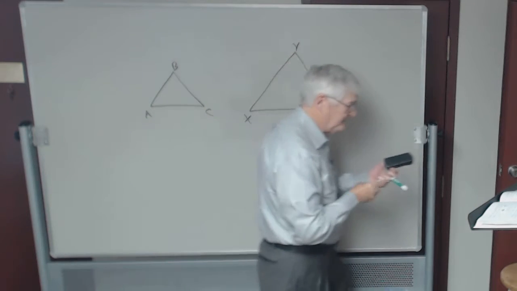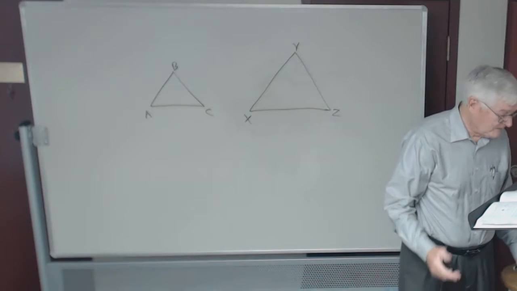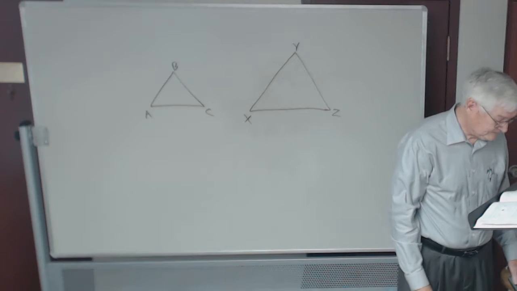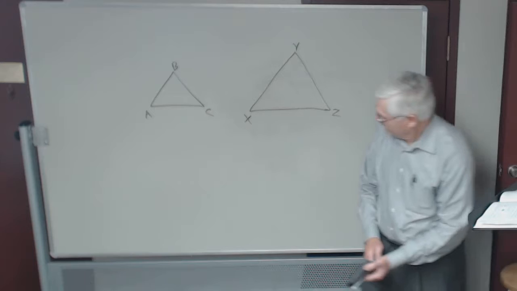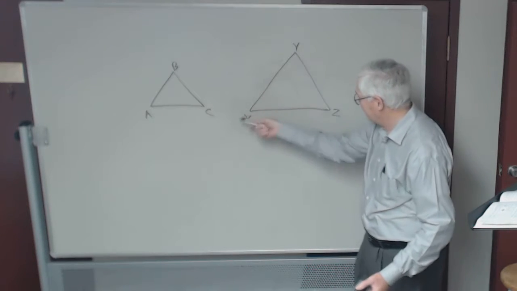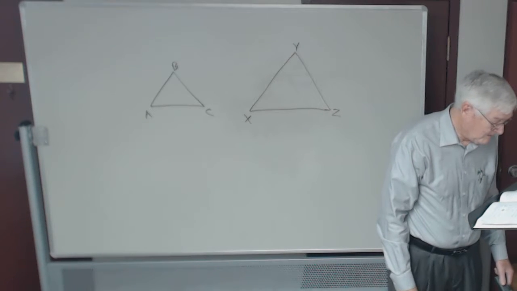Similar means they're the same shape, but one is bigger. And the measure of A equals the measure of X. So I've got those, B and Y and C and Z. So I've got the parts labeled.